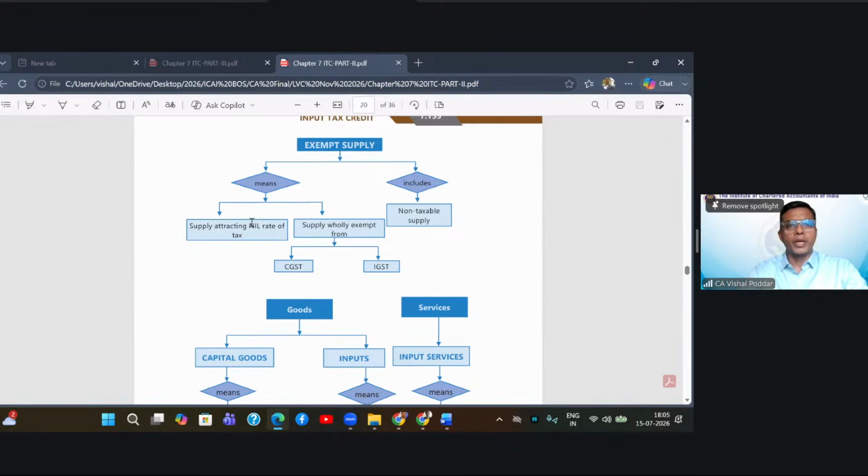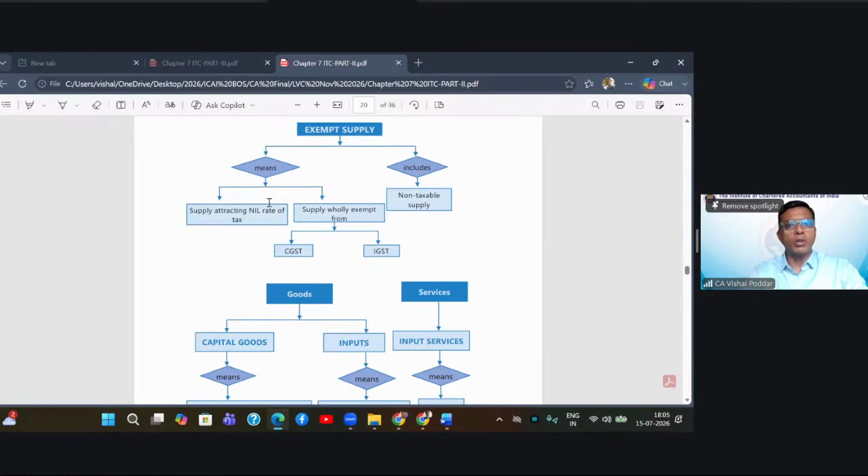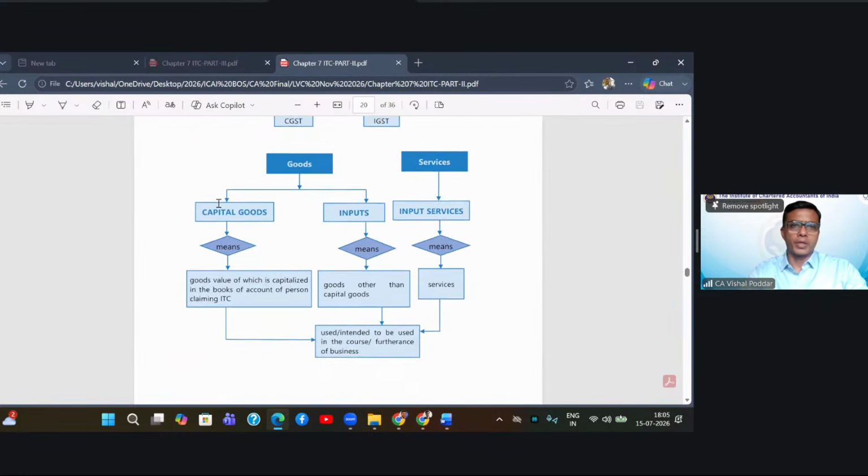One, supply attracting nil rate of tax, that is, the rate of tax in the rate schedule is nil. Second, the supply which is exempted from tax by way of a notification, wholly exempted. And last, those supplies which are kept outside GST. All these three are to be treated as exempt supplies.